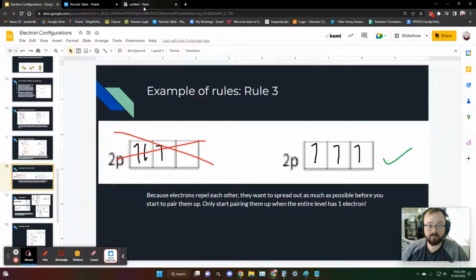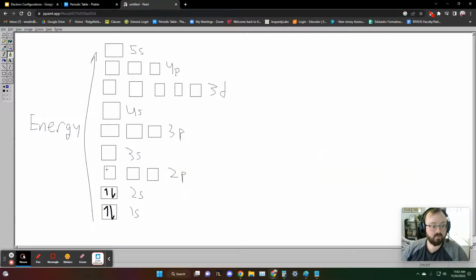So only when they absolutely have to are they going to pair up. So we fill up 1, 2, 3. Now that these are full, now you can start to pair them up with any extra electrons that you have, like this. Only once this is done. Okay?